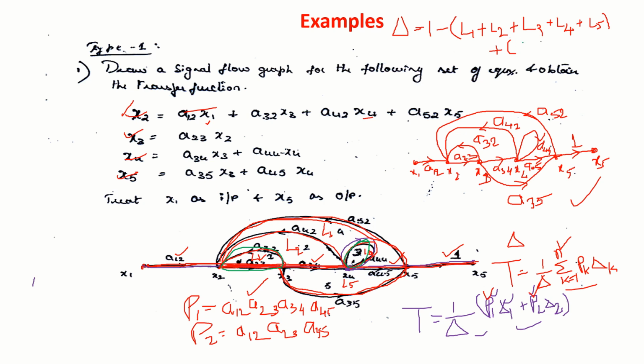So L1 and L4 are not touching. Next you consider this loop, and then you consider this loop. So L4 and L5 are not touching.